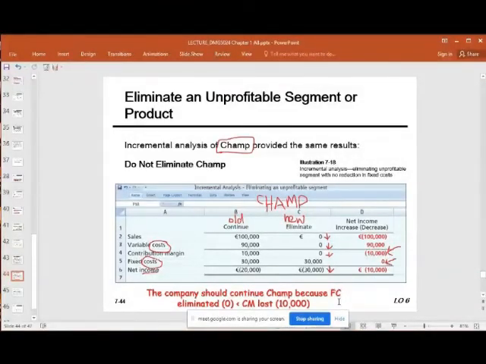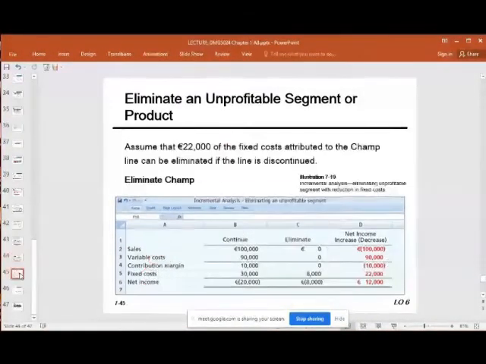Fixed cost eliminated is lesser than contribution margin lost. Okay, any question on this? Eliminate or continue?